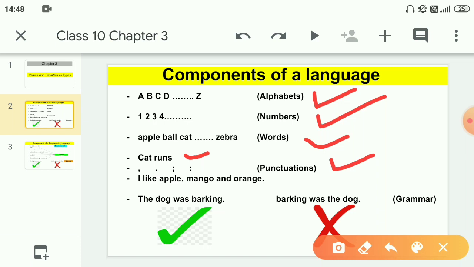So many punctuations are there. And when you combine all these, you are able to write certain sequences of words which convey certain meaning.